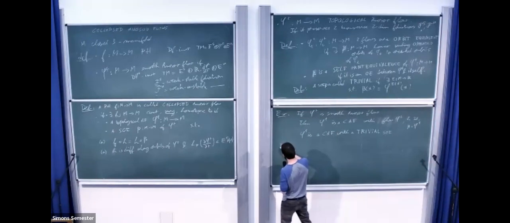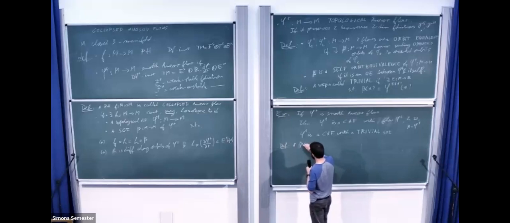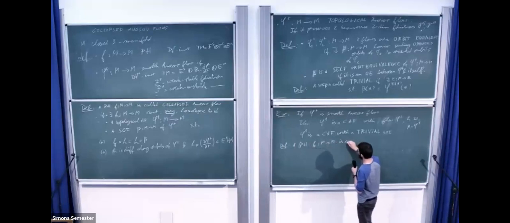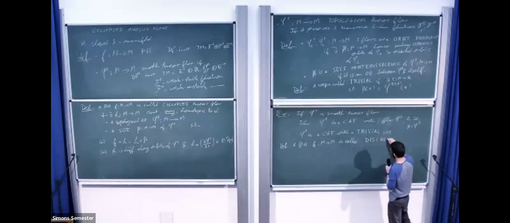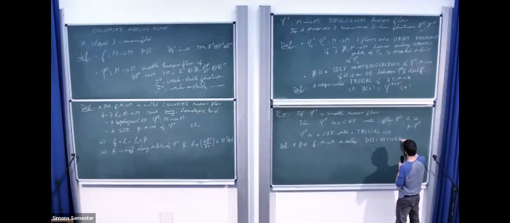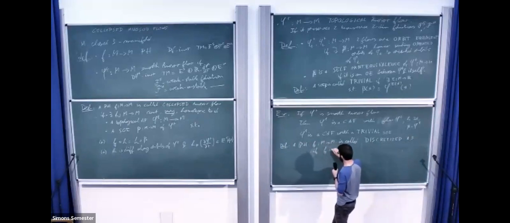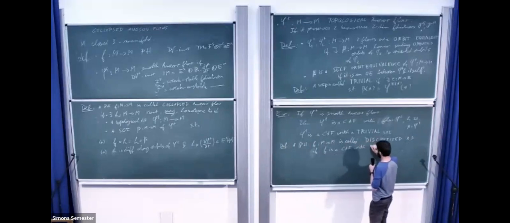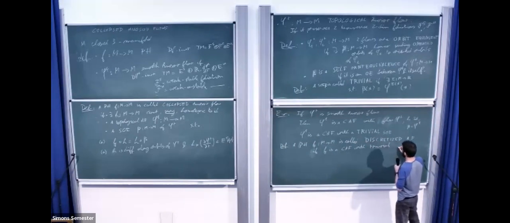So as a definition, a partially hyperbolic f from M to M is called a discretized Anosov flow if f is a CAF with trivial self-orbit equivalence.